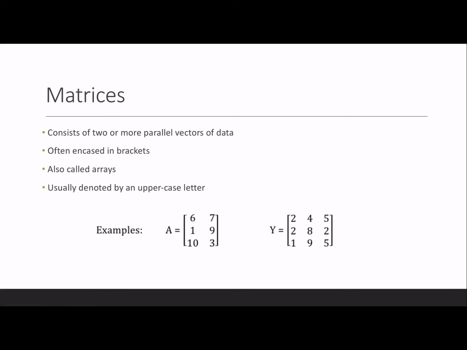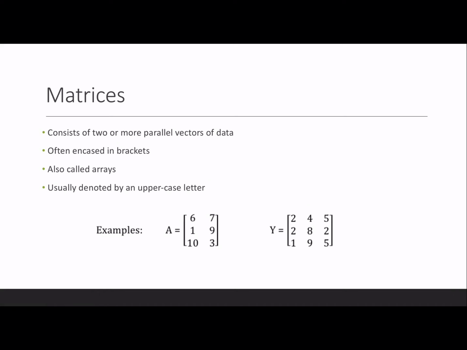We have some examples here. Uppercase A shows a matrix of these 6 data points, and uppercase Y shows a matrix of these 9 data points. Matrices are how your data is often displayed. If you are collecting different types of data, such as weight, height, and time, those will probably be in the columns, and different samples, like sample 1, sample 2, sample 3, will be the rows.